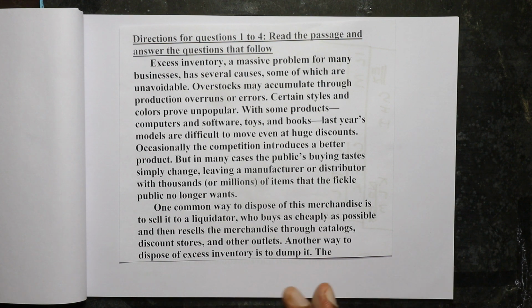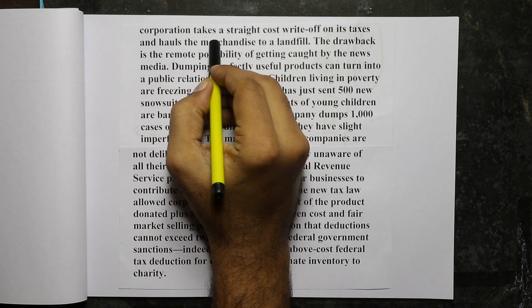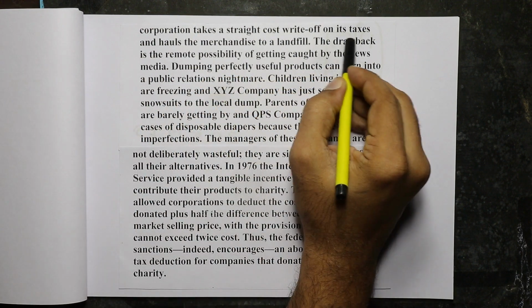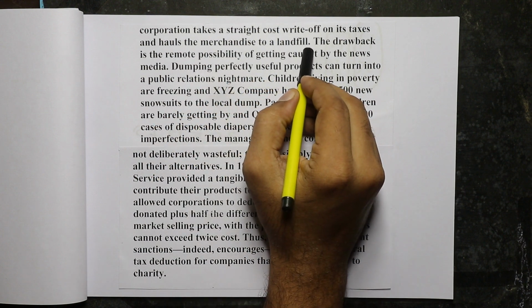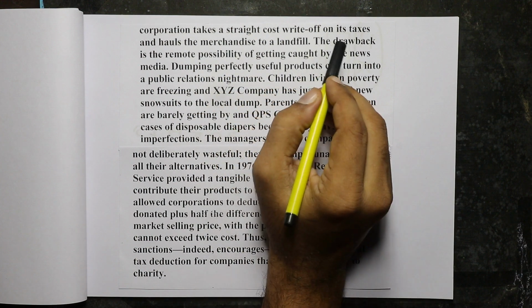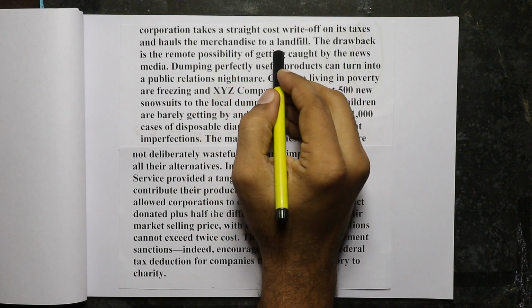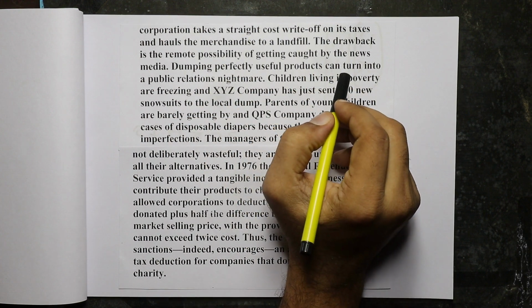Dump it means just throw it away. The corporation takes a straight cost write-off on its taxes and hauls the merchandise to a landfill. That is, the whole production cost is written off as a loss, and the products are sent to a landfill. That is, it is dumped just like that.